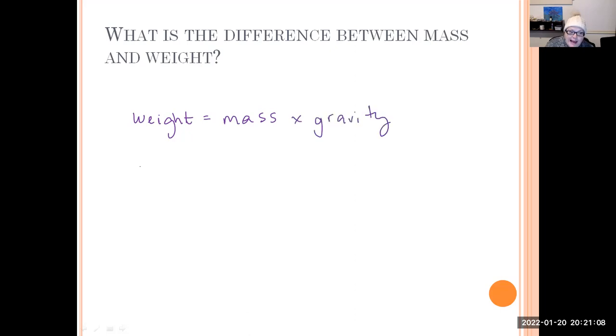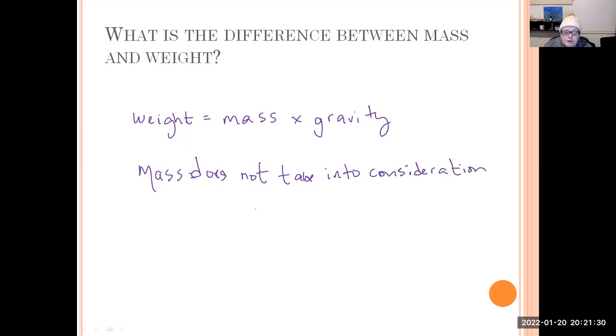Mass, however, does not take into consideration the gravitational pull of the Earth. You don't have to write all this, it's just to discuss it.